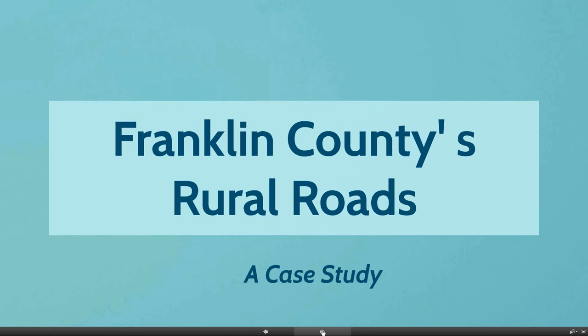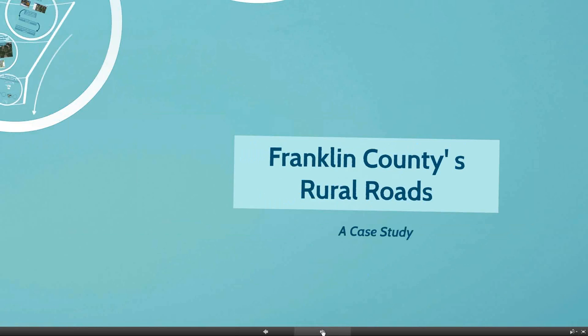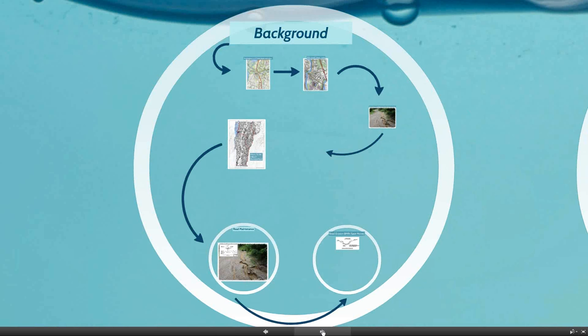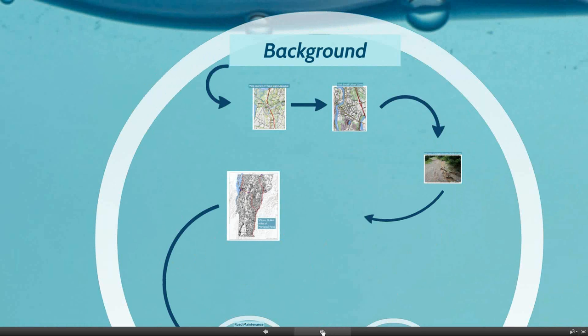To start off, we're just going to get introduced to a case study up in Franklin County, Vermont on rural roads where there's been assessments that have already occurred. First, just to give a little bit of background on the context here in Vermont.